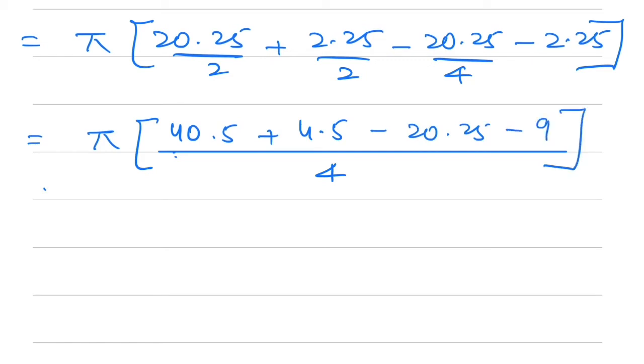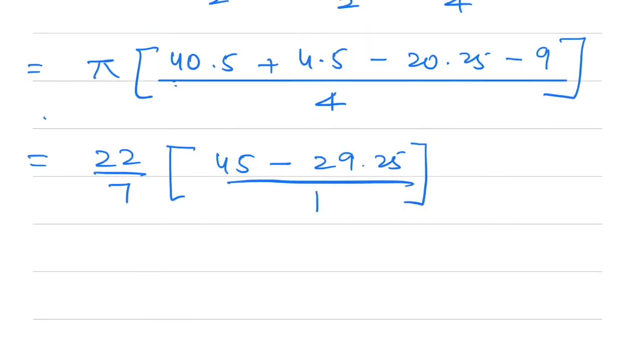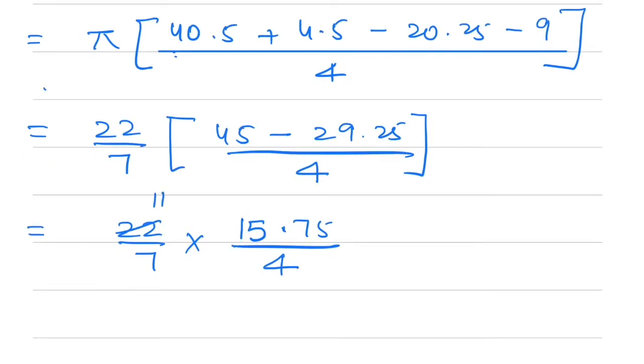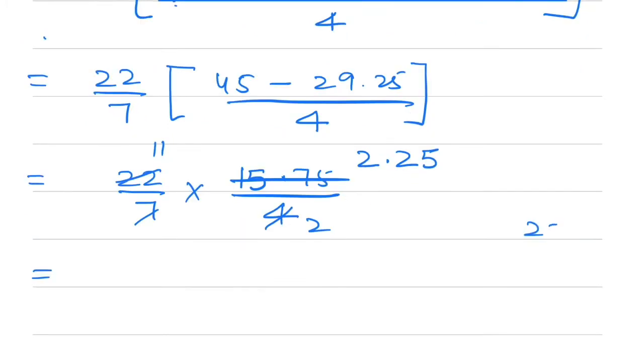minus 9. So we have 22 by 7 and 45 minus 29.25 by 4. This is 22 by 7 into 0.75 and 15 divided by 4. So 2 11 times, 2 times, then 7, 2 times 14 35, 225 and 225, little bit of rough work.